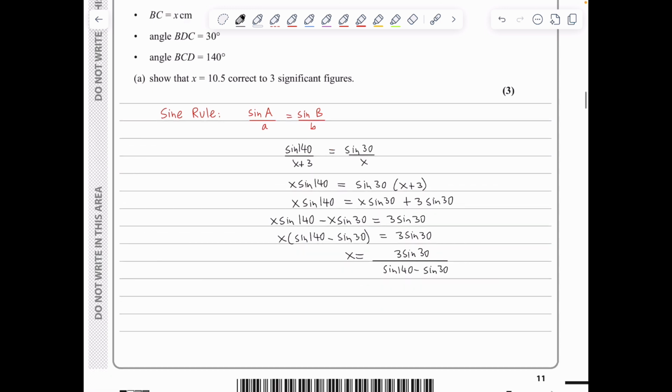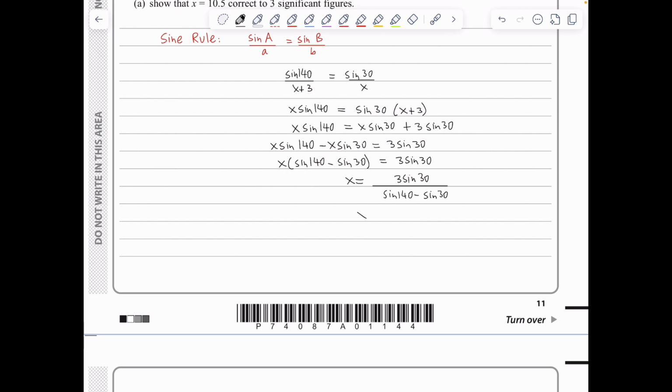Now if I plug this on the calculator, I get that x is 10.505..., which correct to 3 significant figures is 10.5 as required.